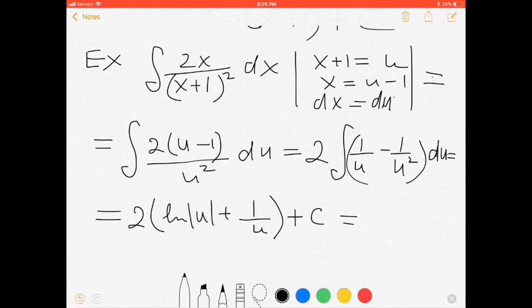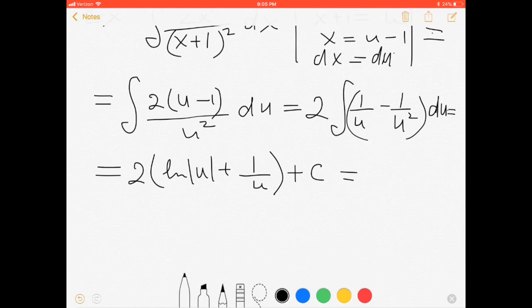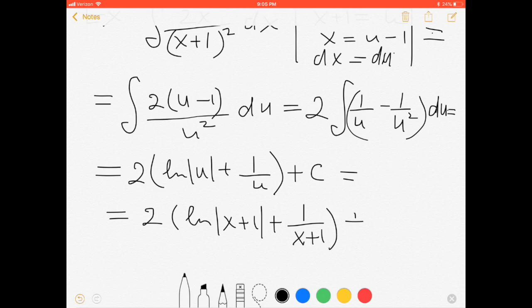Every time you do substitution, don't forget to go back to your old variable, because the new variable only helps us. Twice natural log absolute value x plus 1 plus 1 over x plus 1, plus c.